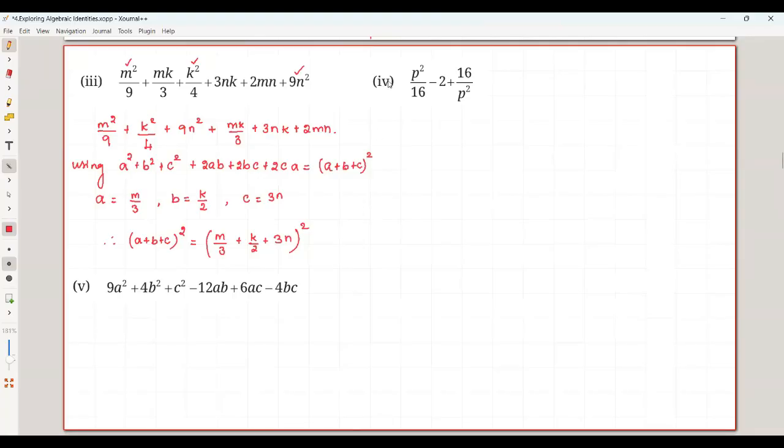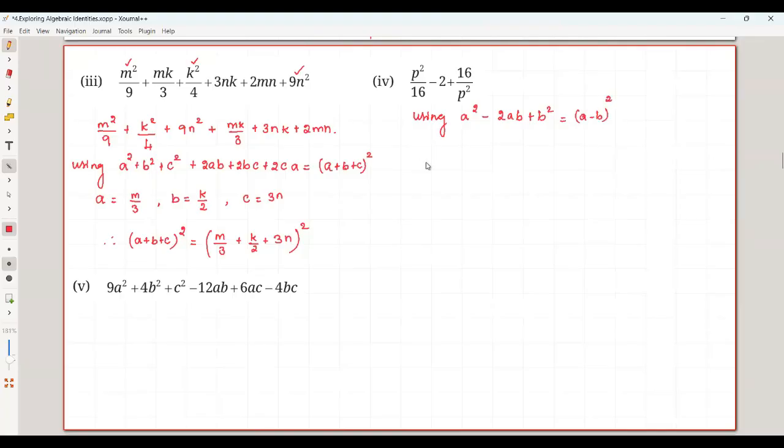Now, the fourth one: p square by 16 minus 2 plus 16 by p square. Here as minus is coming with a square, we are going to use the formula a square minus 2ab plus b square, which is equal to (a minus b) the whole square.